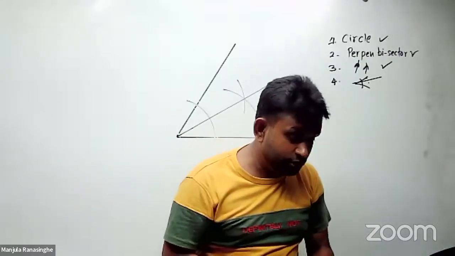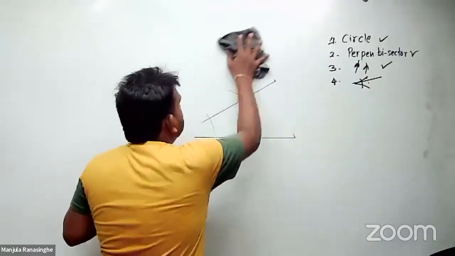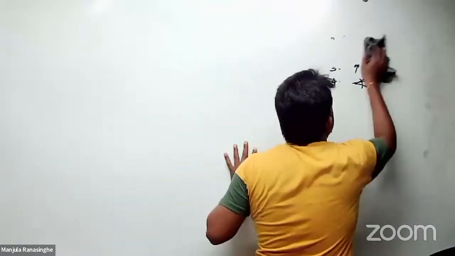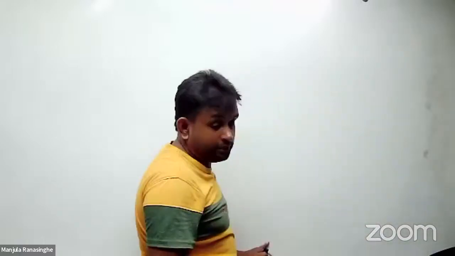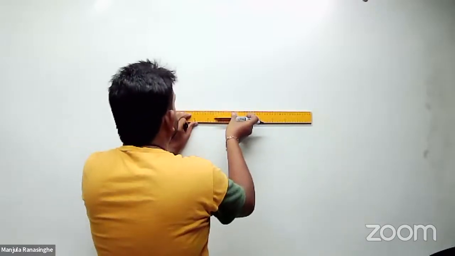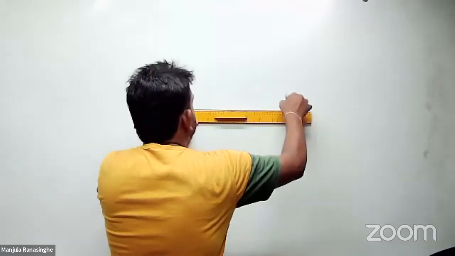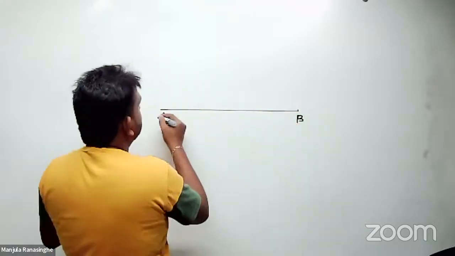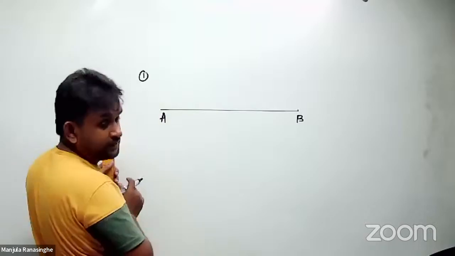So now I will tell you how to draw the perpendiculars, right? The second next topic, how to draw the perpendiculars. Okay, so I have a straight line here, AB. So I do several things here.